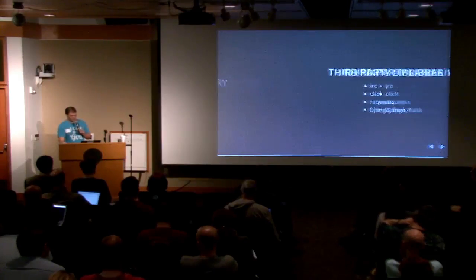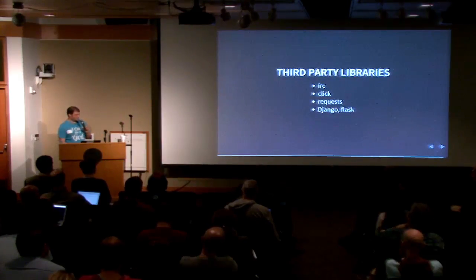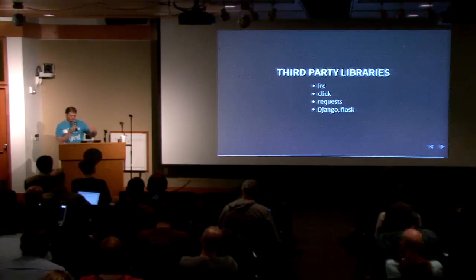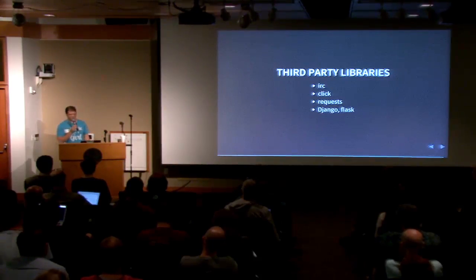All of the things that I mentioned before: instead of manually creating and talking over sockets, you can just use an IRC library. It exists, pip install irc. Now you have a client and you don't have to deal with all the sockets that I did. Instead of using sys to get your argument values, you can use click, a pretty neat little library for building command line tools.